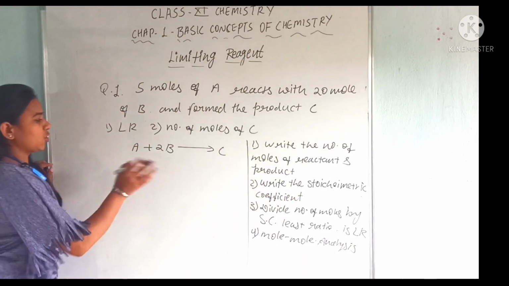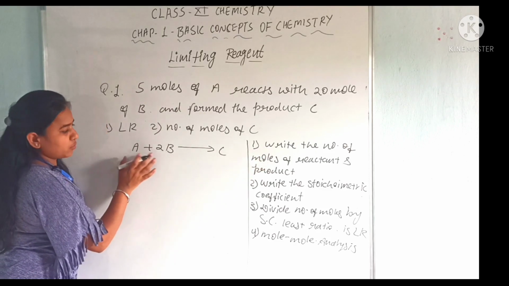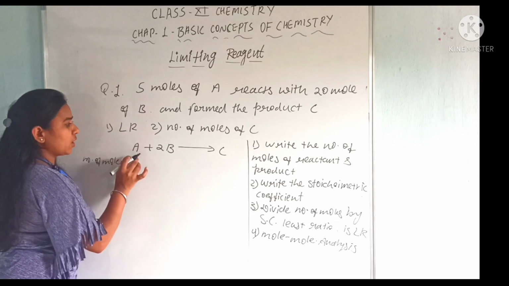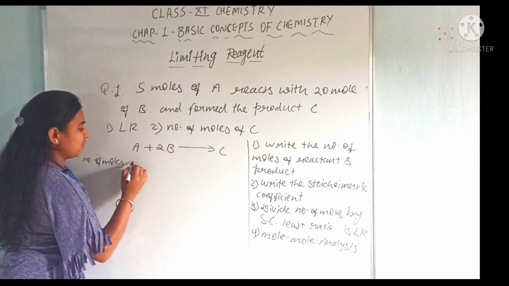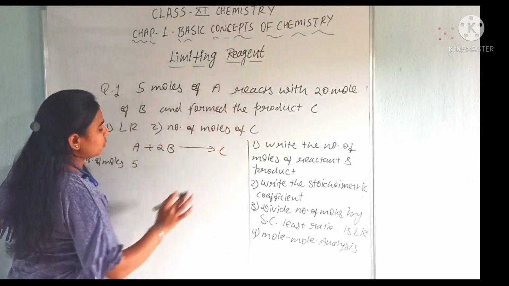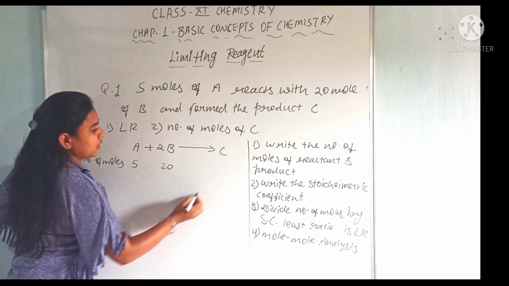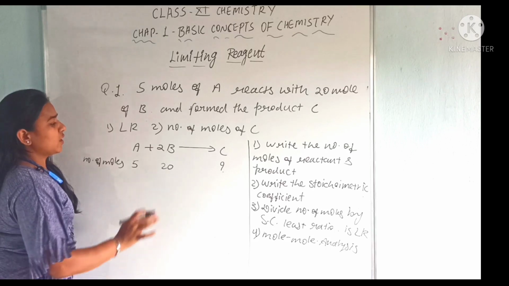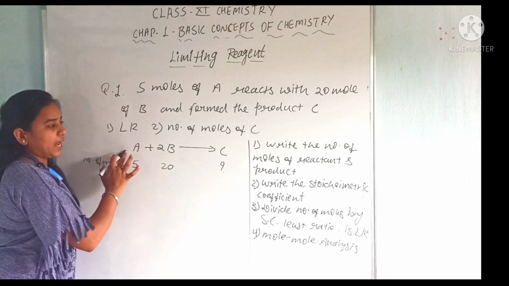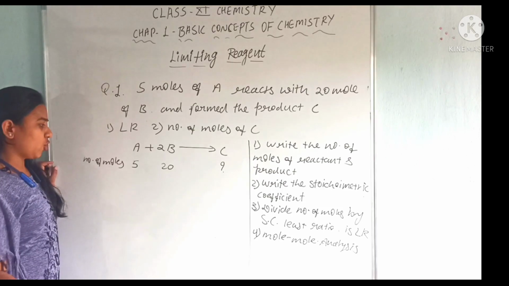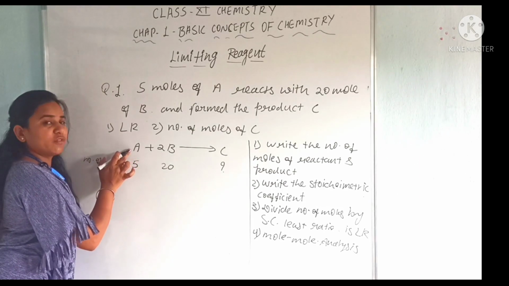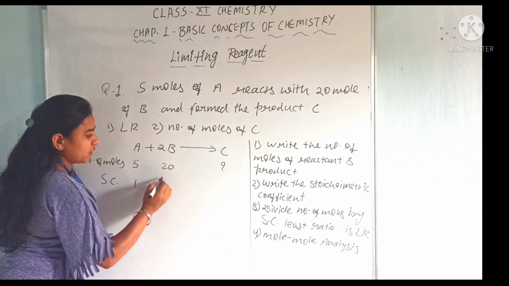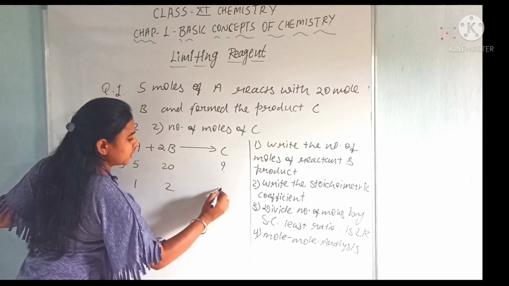So first, the number of moles. The number of moles of A is 5, and the number of moles of B is 20. Then what is the stoichiometric coefficient? Whatever number is written before the reactant or product is known as the stoichiometric coefficient. So the stoichiometric coefficient for A is 1, for B is 2, and for the product is 1.